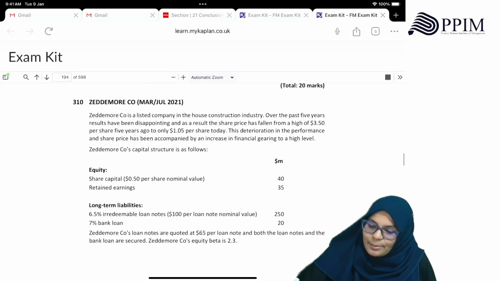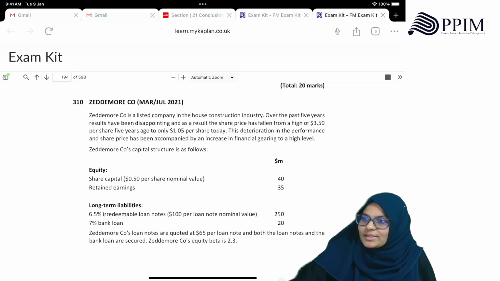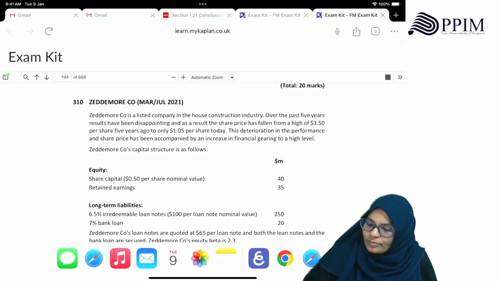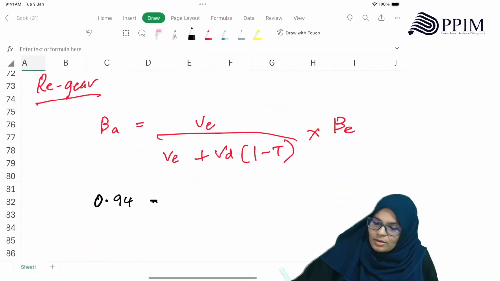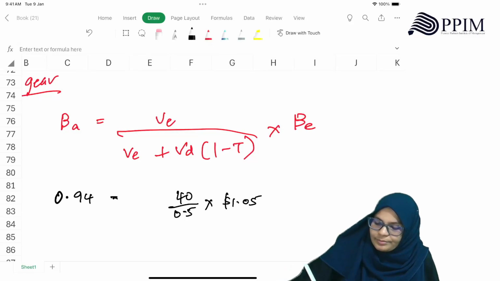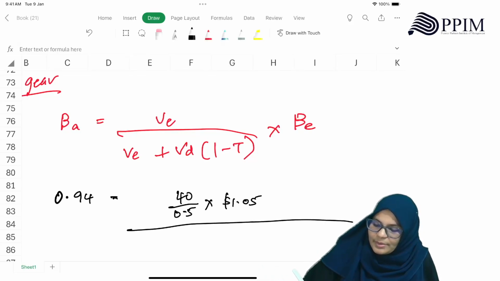How much is the price of one share? They are already telling me at the top itself. They are saying it is now $1.05. So first I will divide 40 by 0.5 and multiply by 1.05. You can get the answers, right? I'm just putting the workings.